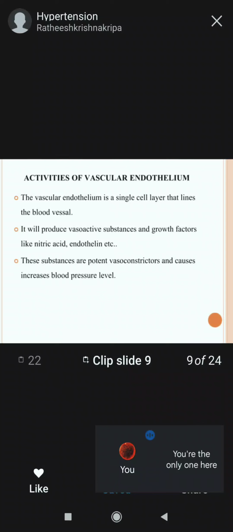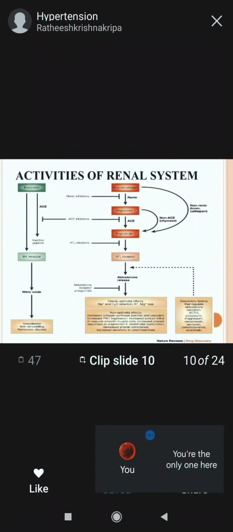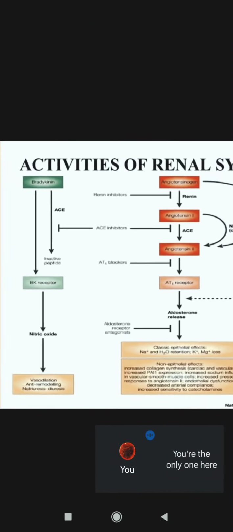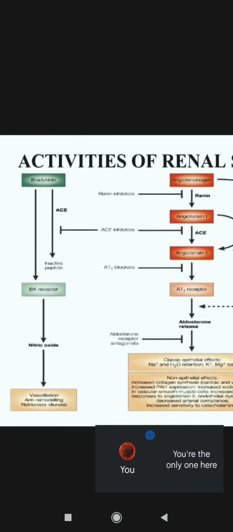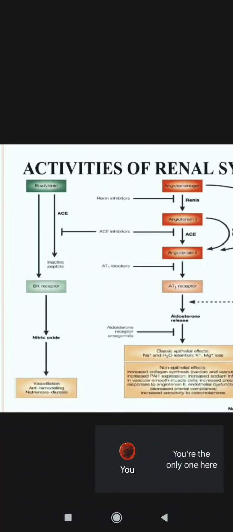So these substances are potent vasoconstrictors and cause increased blood pressure. How is the renal system activated? First we saw this with bradykinin. Bradykinin is a weaker receptor activity.